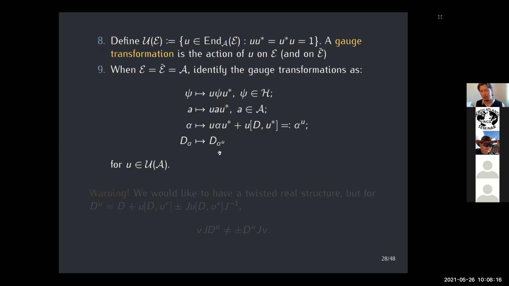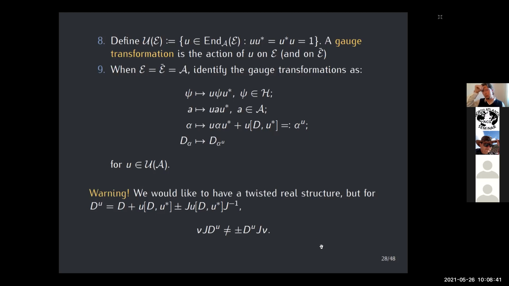And the way that you define the gauge transformation of the Dirac operator is basically saying that it is the Dirac operator with its one forms gauge transformed according to this rule, which is not to say that if there's no fluctuation, nothing happens, because of course, if alpha is 0, we still pick up these extra terms. And that's basically the pure gauge for the Dirac operator.